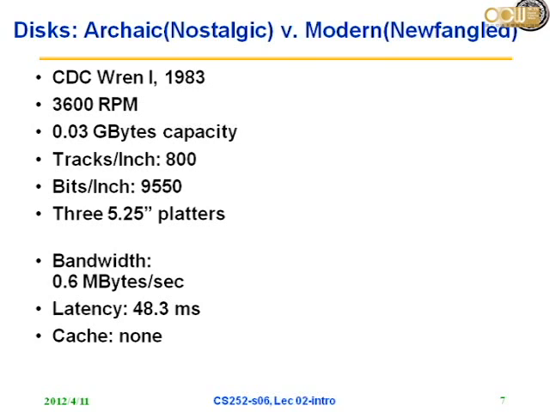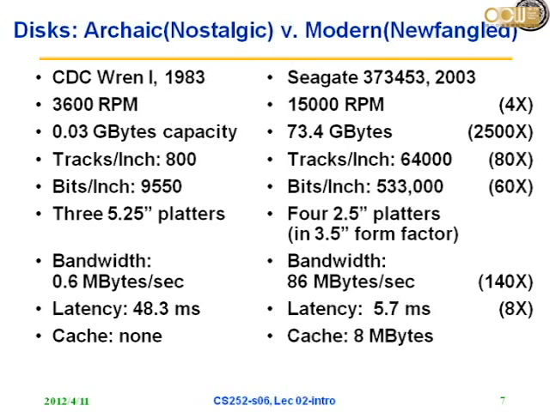So the bandwidth is this, latency is this, and there's no built-in cache. Don't need to remember all these numbers. Let's compare it with a modern disk.